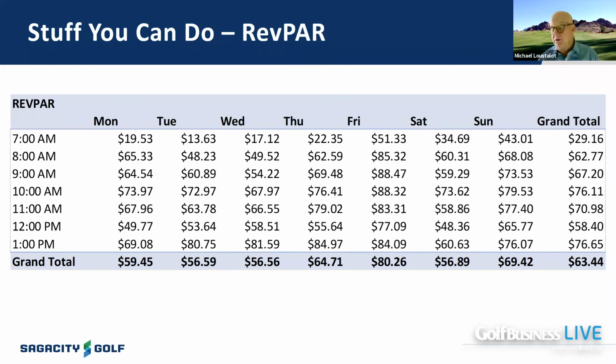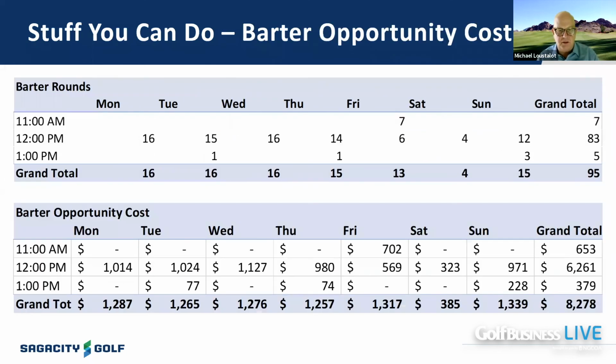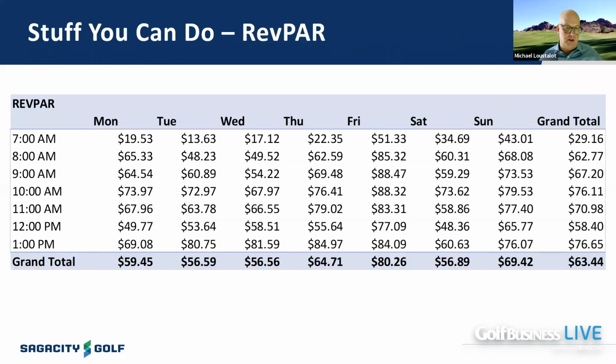It is absolutely not average rate. Okay, this is revenue per available round. This talks about how well you monetize your tee sheet. I've only shown through 1 o'clock, but what you do is if you start to look at this on an annual basis, if you start to look at this on a 12-month basis, or by seasons, you'll start to see there's real pockets of opportunity where the RevPAR can be very low in the 1, 2, 3, 4 o'clock hour of the day.